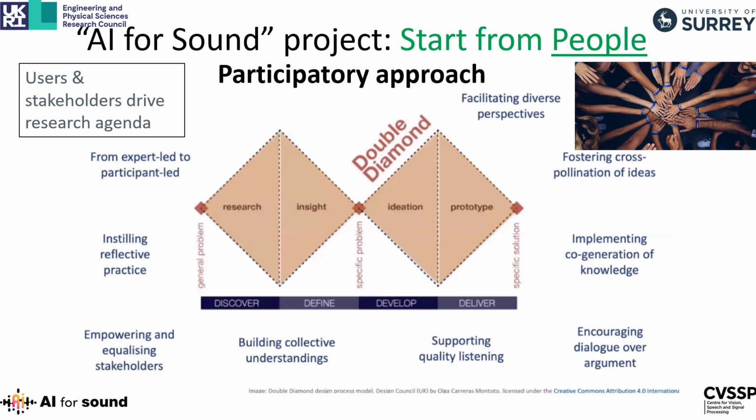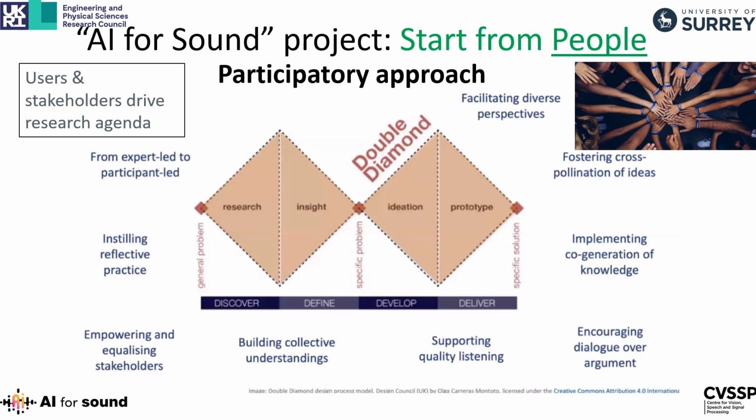Once the discussion has happened with participants, the next stage is to define the insights from this participation, this divergent discussion. From there we come up with a specific problem, right? It might be using AI for sound to solve a certain problem, and then we do ideation on top of that. Once ideation is built, we build prototypes and concepts.